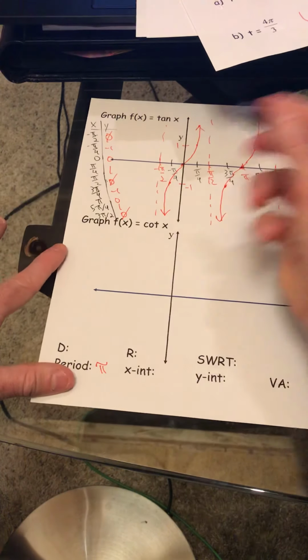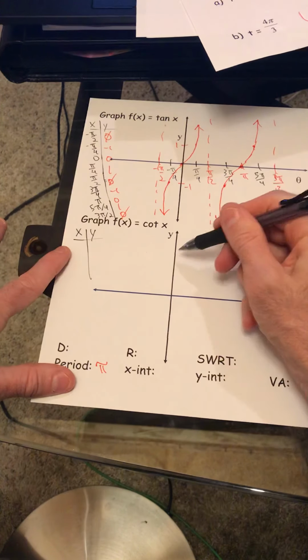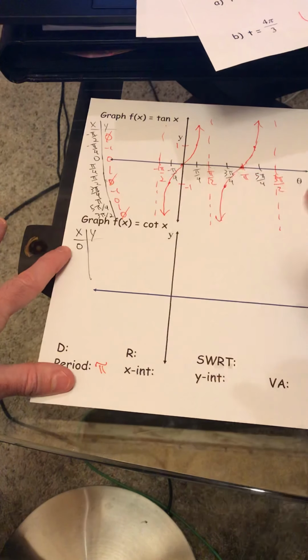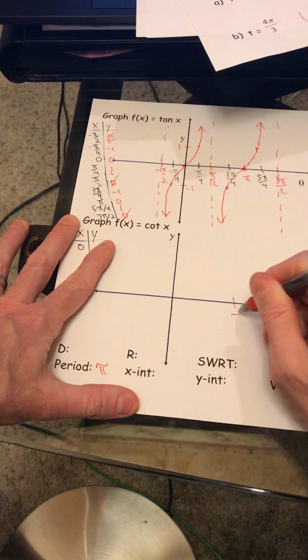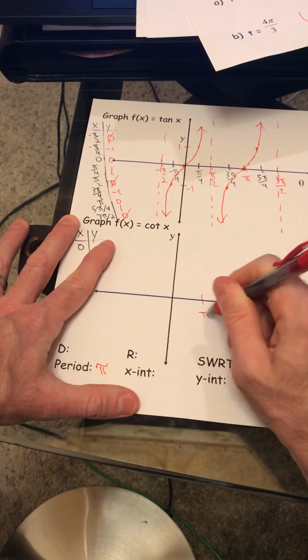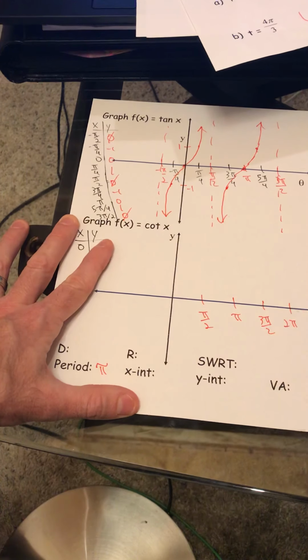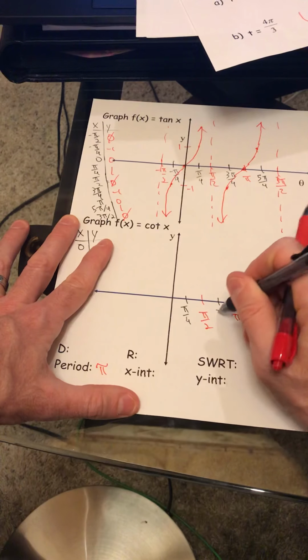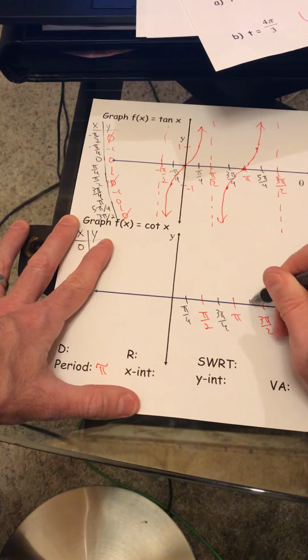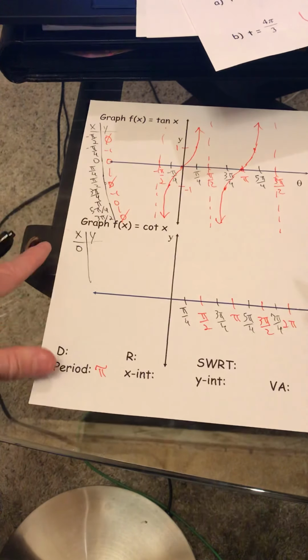Now, for cotangent, we can actually start this one back at 0, and then I will use those same pi over 4, 3 pi over 4, 5 pi over 4, and 7 pi over 4 values.